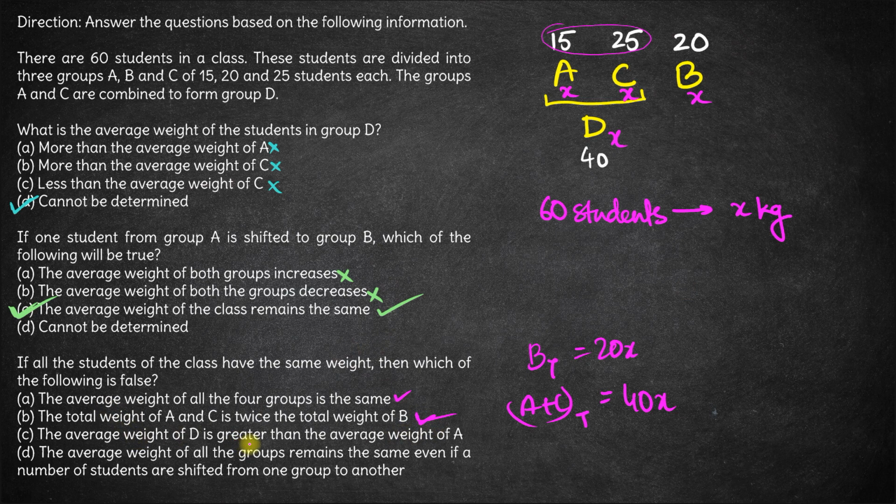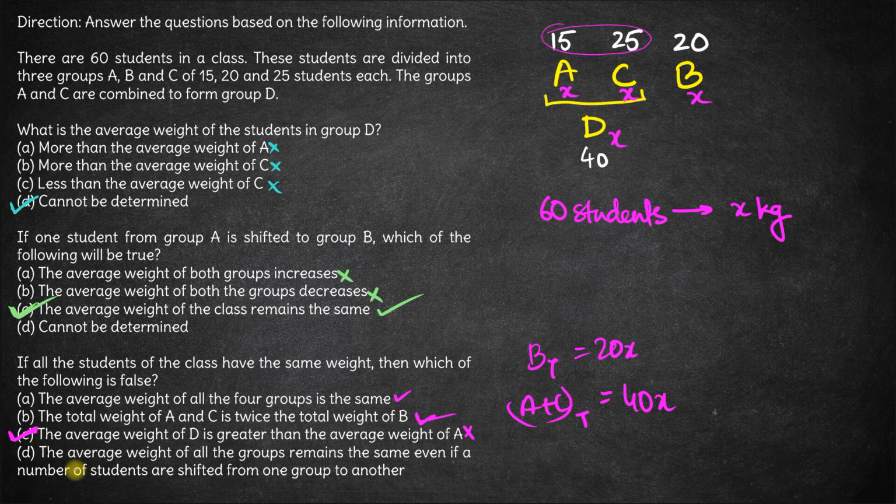Next, the average weight of D is greater than the average weight of A. This is obviously false. This goes exactly against what we saw earlier. So the correct answer here is option C. Since the weight of each student is the same, the average weight of each group will also be the same. So D has to be the same as A and not greater than A.